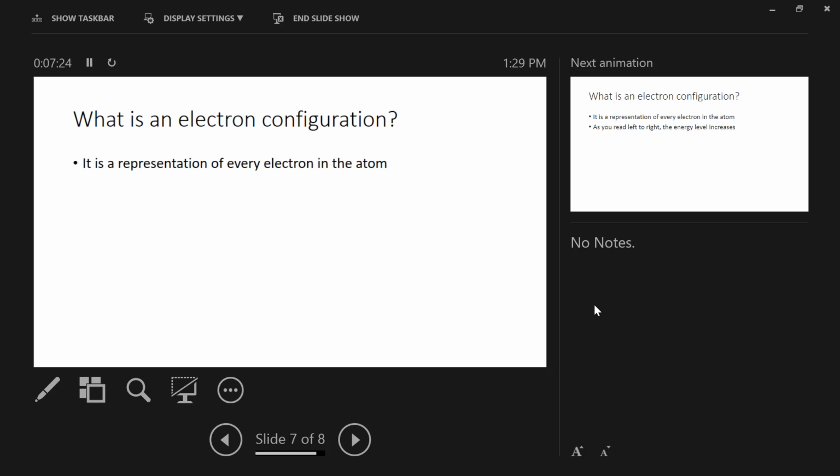What is an electron configuration? It is a representation of every electron in the atom. We just talked about where the highest energy electron is on the previous diagram.